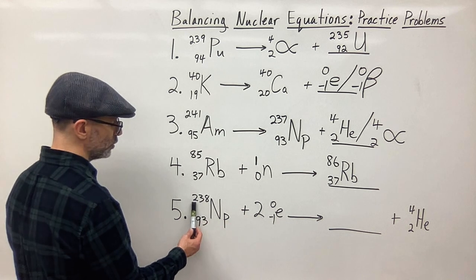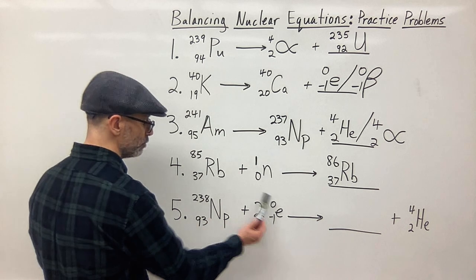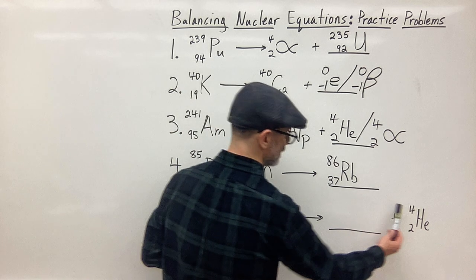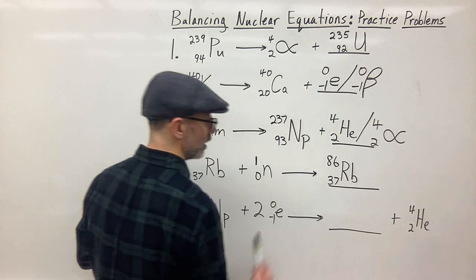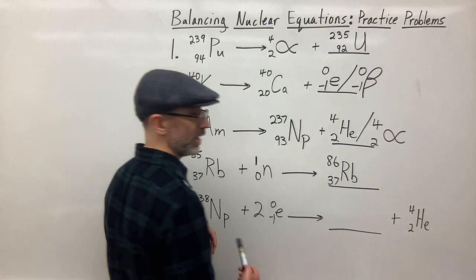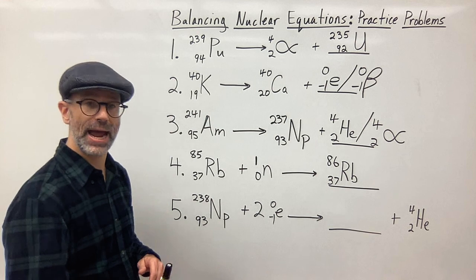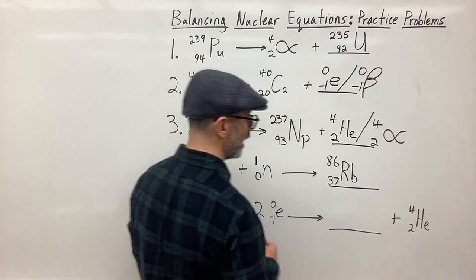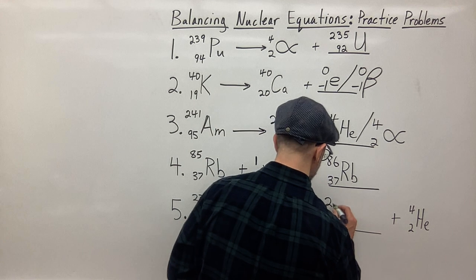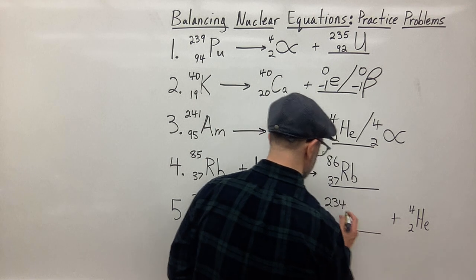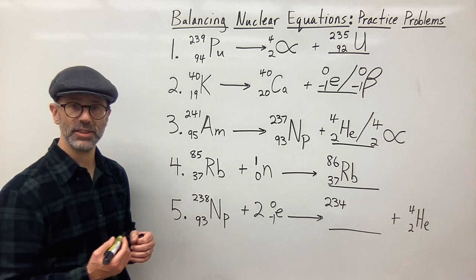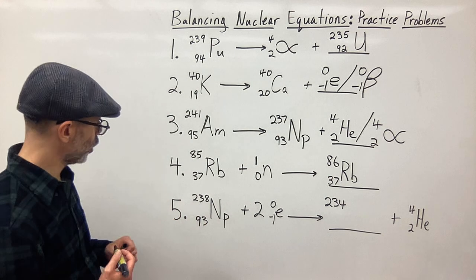The top here is 238 plus 2 zeros, which gives us 238. So this side has to equal 238. Well, I have a 4 here. So what plus 4 gives me 238? I subtract 4 from 238, and that gives me 234. So 234 plus 4 gives me 238. That's the mass number of our missing particle.